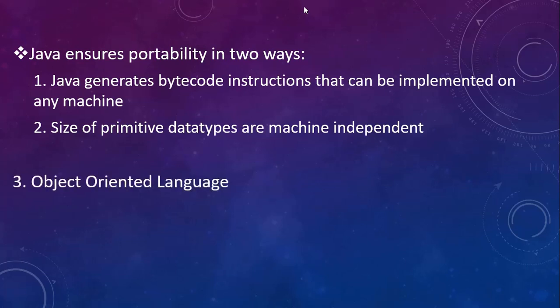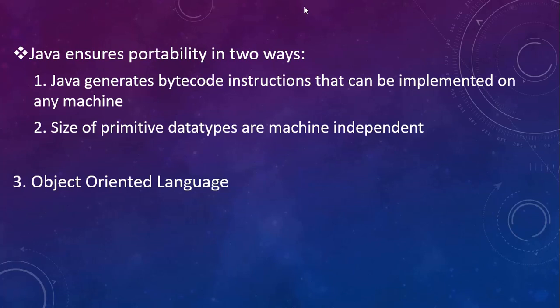Third very important feature is that Java is an object-oriented language. Now we have already come from the background of C++. Is C++ object-oriented? Yes, but it is not fully object-oriented. Although C++ is an extension of C and supports object orientation, you cannot say that C++ is fully object oriented, because without the use of classes and objects, you can write and execute C++ programs, right?